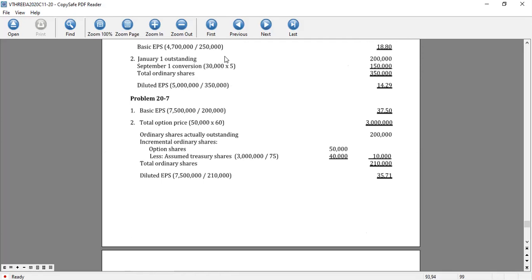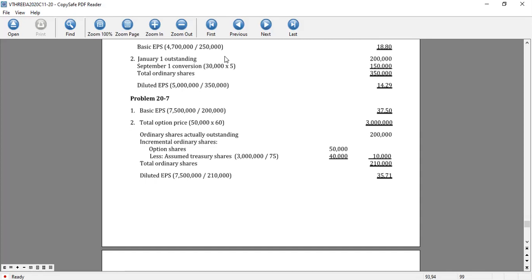Given in 20-7, 7.5 million, that's the amount of net income. Then we divide it by 200,000 ordinary shares outstanding. So we get 37.50.